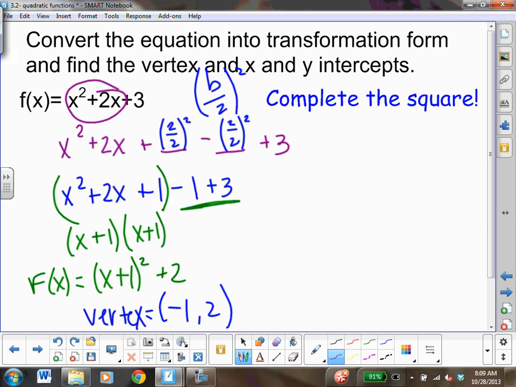And to find the x and y intercepts, it's just the same as I did it before. You could use this function down here or this function up here to find either one. I kind of like the function in vertex form because I think it solves a little bit faster. So here are my x-intercepts. Subtract the 3.